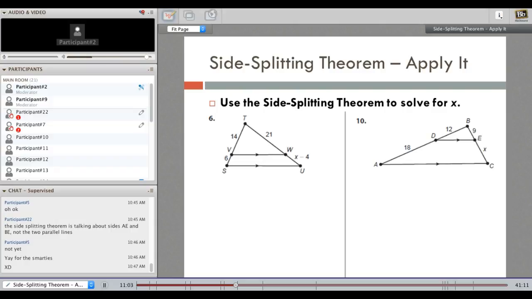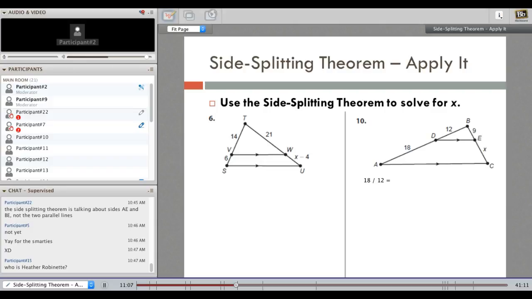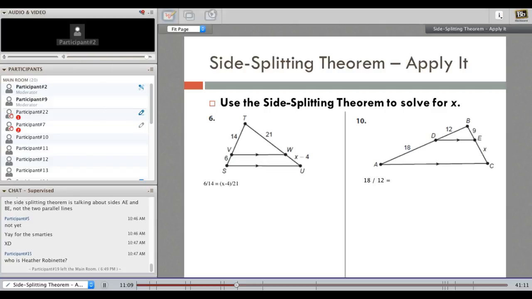Okay, so while Ben and Will are working these out on the board, see if you can at least get the proportion set up.